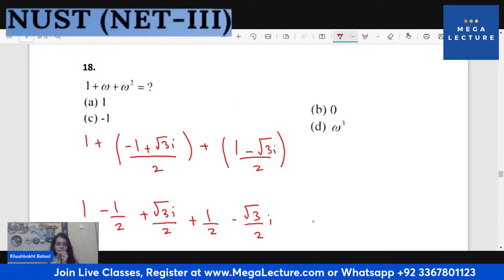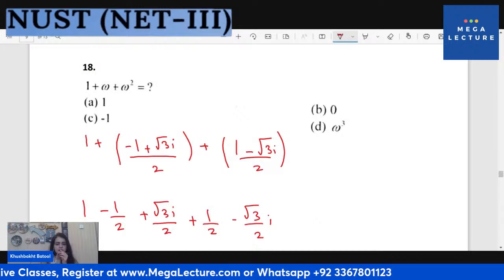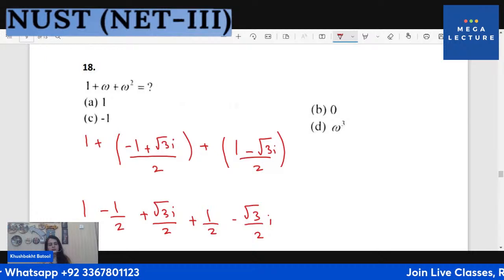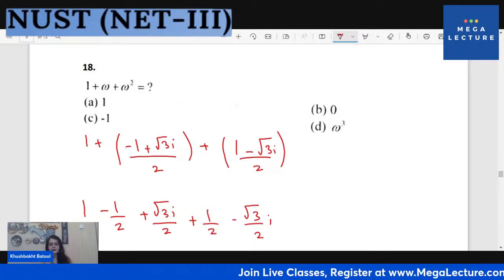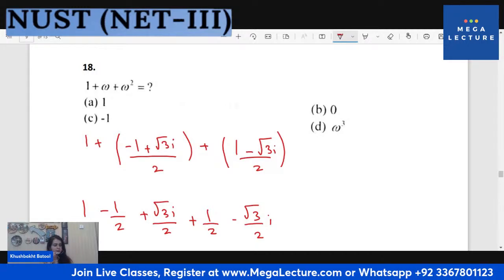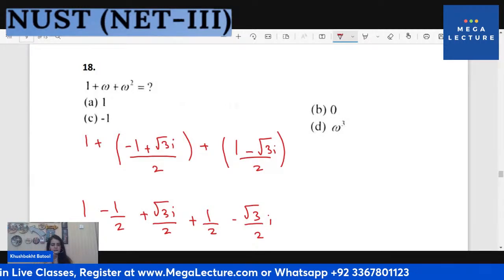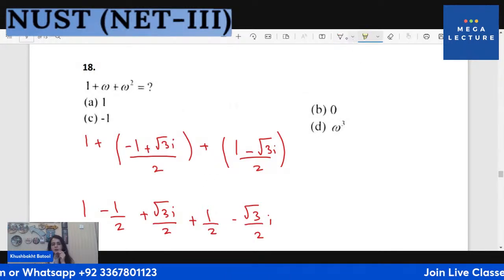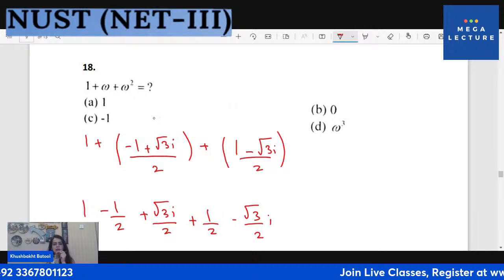Now this is what we can see. For such questions, whenever the question is telling you to add them up, you're just supposed to do the simple working and then tell the answer. So it is going to give you 1. Let me just highlight it properly.